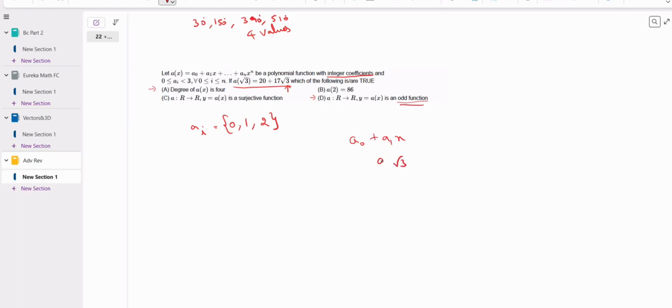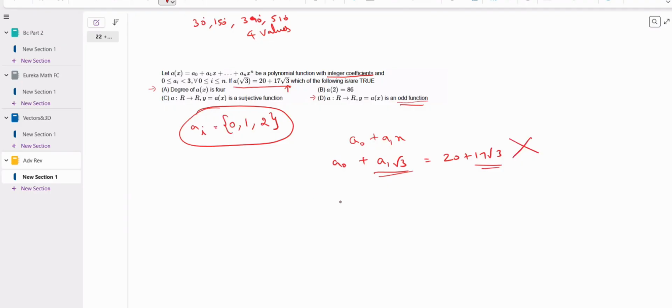So you will have x being root 3 here, a1 root 3 plus a naught. Comparing to 20 plus 17 root 3, and a naught is an integer, a1 root 3 and 17 root 3 will be compared. a1 will become 17, but they clearly said a_i cannot take values more than 2. 0, 1, 2 are the possibilities. So this is a wrong scenario.